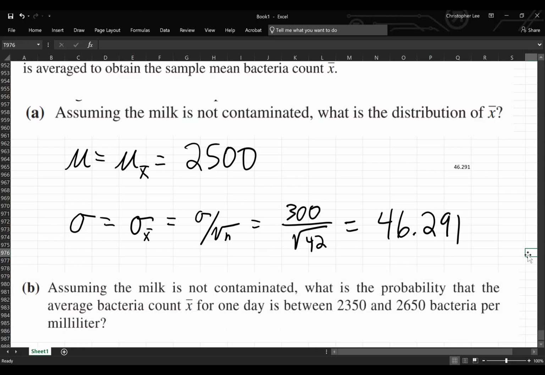Now here goes part B to this, right? It says, assuming the milk is not contaminated, what is the probability that the average bacteria count X bar for one day is between 2,350 and 2,650 bacteria per milliliter? Okay.